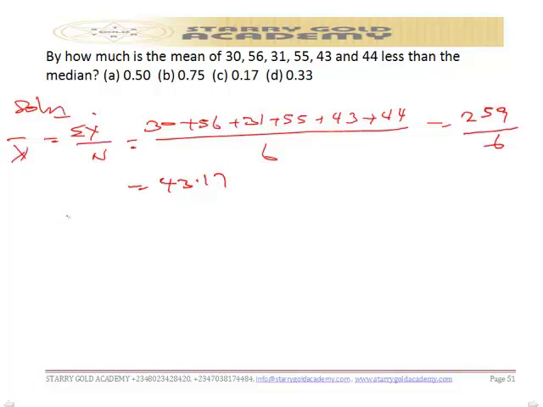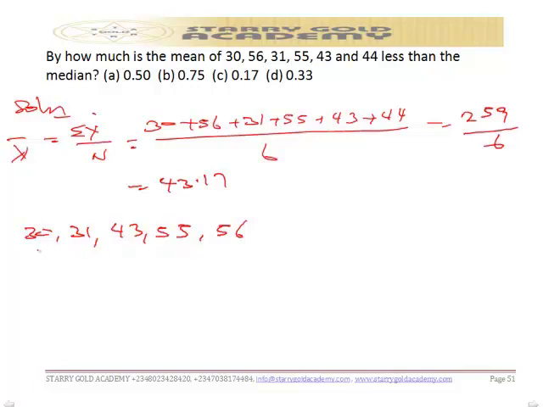Now, by rearranging the given data, we have 30, 31, 43, 44, 55, and 56.